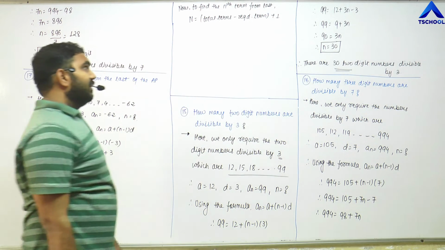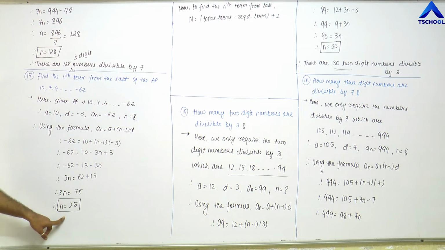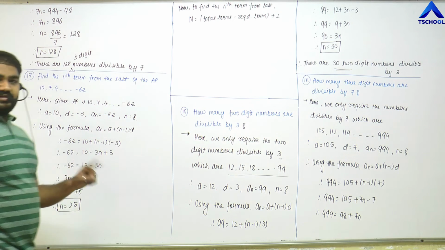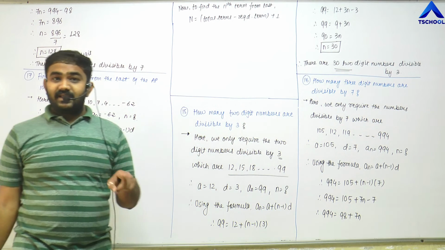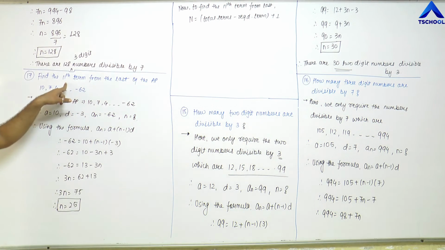See friends how it goes. Total terms, what is total terms? 25, minus the required term. Now we shall take that required term as 11.